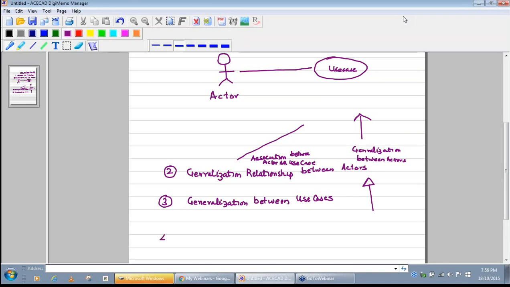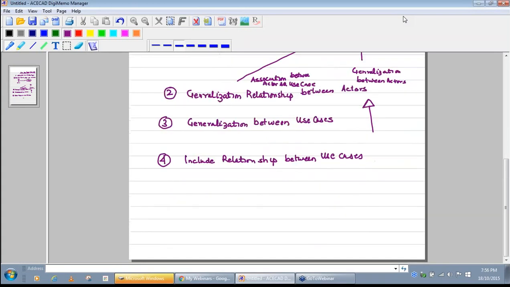The fourth relationship is include relationship between use cases. The notation for the include relationship is this dashed arrow, and on the arrow, includes is written in a Guillemot.